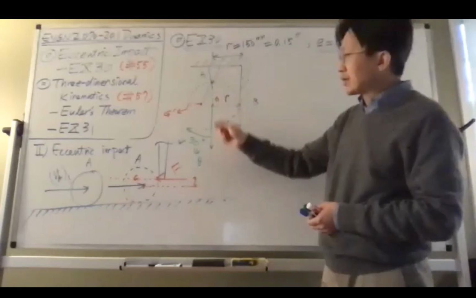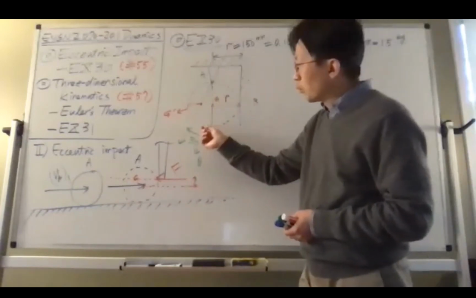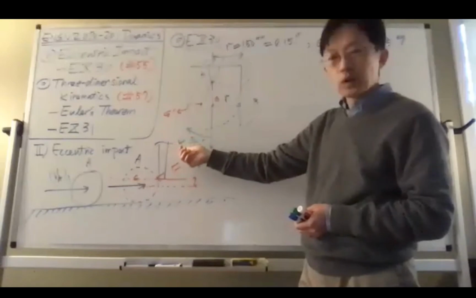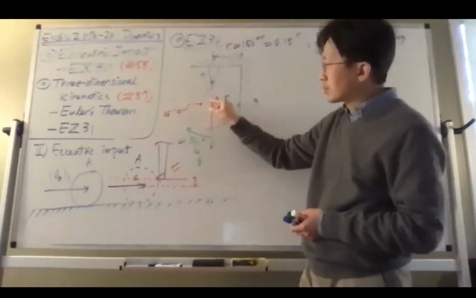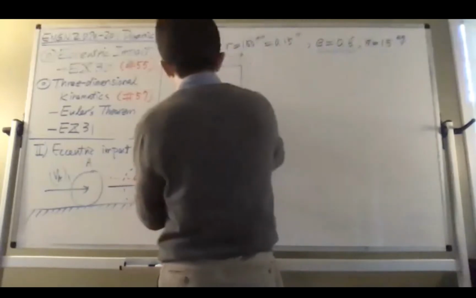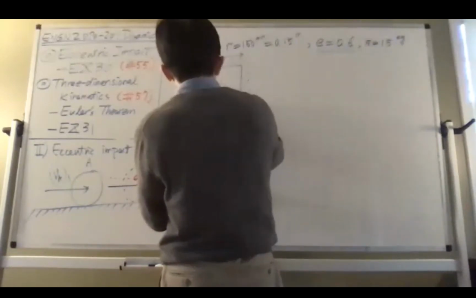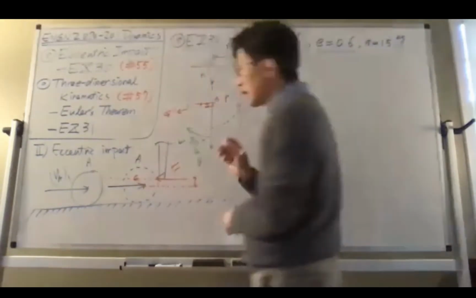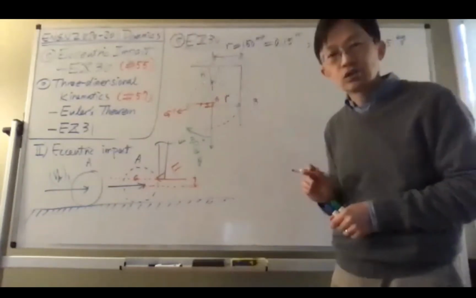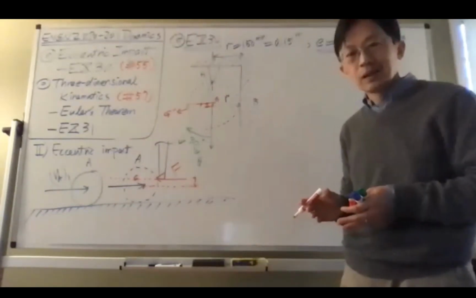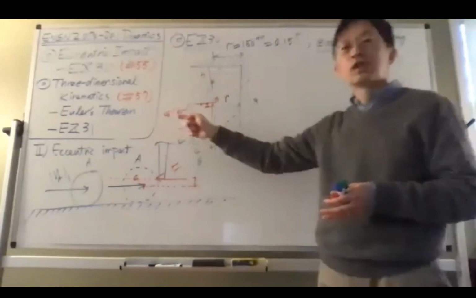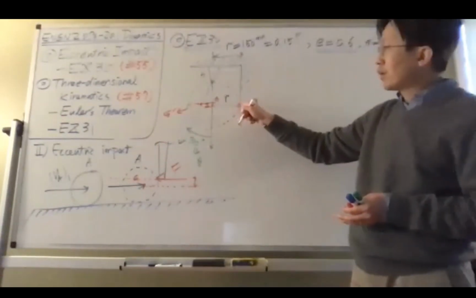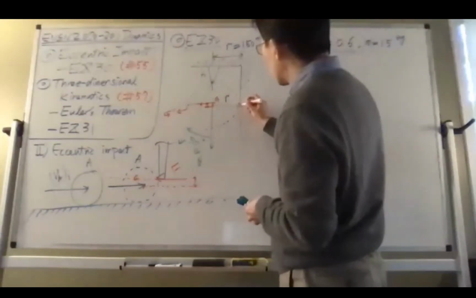So you can imagine that by moving the disk by 30 degrees and releasing it, the G is going to move up. This increase of elevation at the center of gravity is the amount of potential energy you store in the system. So releasing the disk is the conversion of potential energy to kinetic energy. Now, at the point of contact, this is where the impact happens.